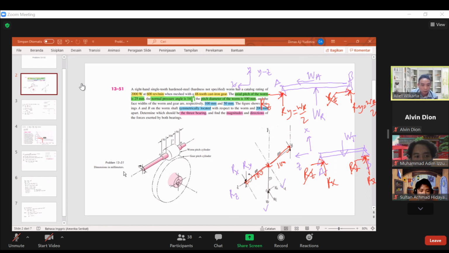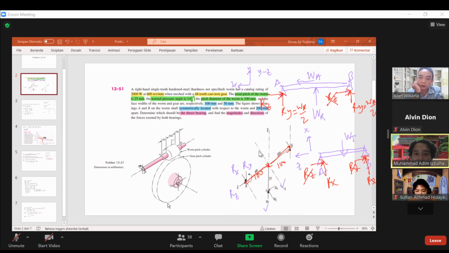Okay, Mas Dimas. Okay, sir. Sir, I want to ask something, sir. Yes. I want to ask about the support, sir, in bearing A and bearing B. Can I use pin support and roll support instead of two pin supports, sir?